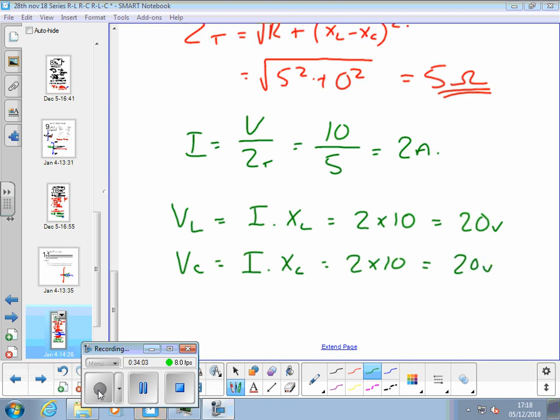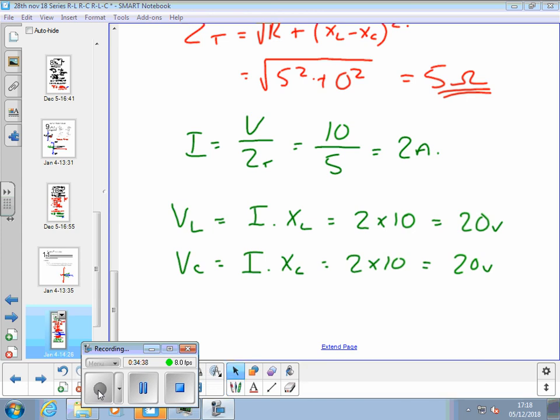Both have different angles because one has a positive angle and the other a negative angle associated with it, so they've both got a 90-degree angle. But look at their value. We're only applying 10 volts AC, yet we got 20 volts across the two reactive components.